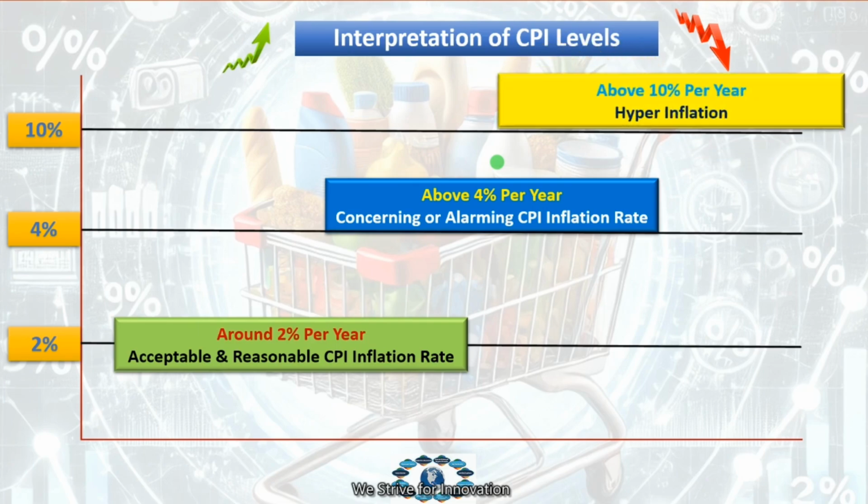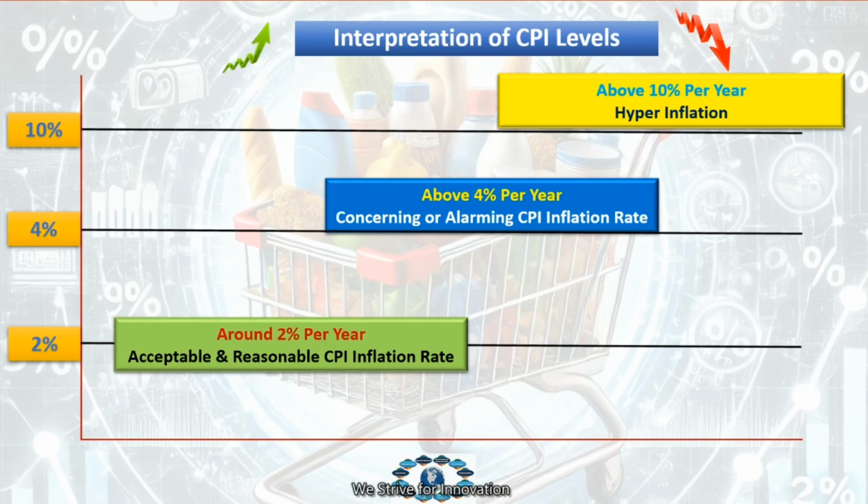Now, when it is above 10%, we are entering a new era or a new region. We call it hyperinflation. An inflation rate that reaches double digits is considered very alarming.